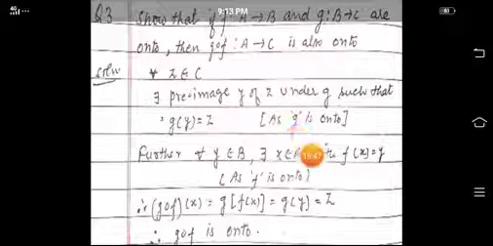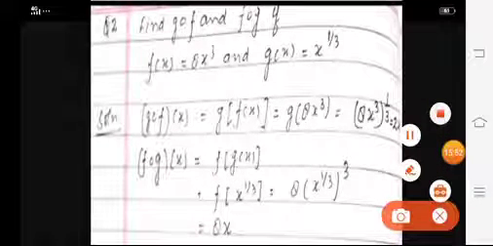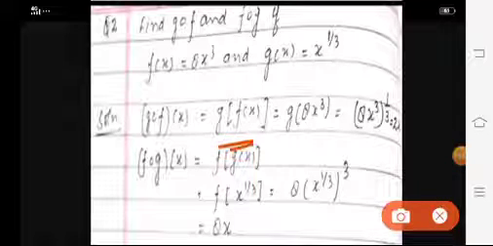Find F composite G and G composite F if f(x) equals 8x cube and g(x) equals x to the power 1 by 3. Okay, so come to its solution. (G composite F)(x), by the definition, this will be what? G(f(x)).